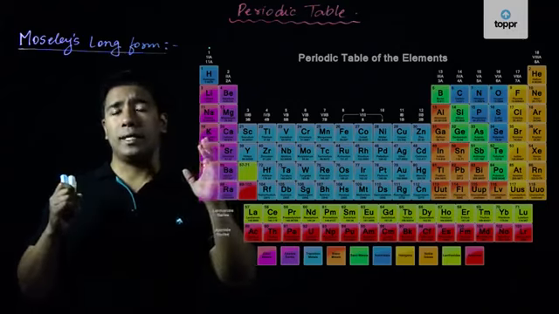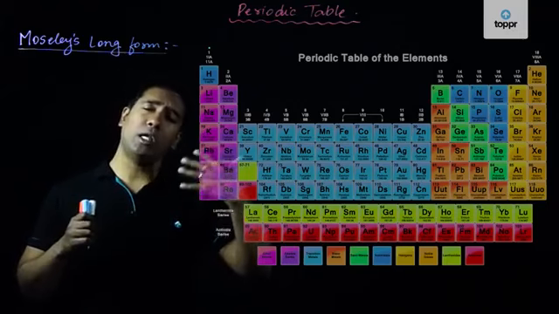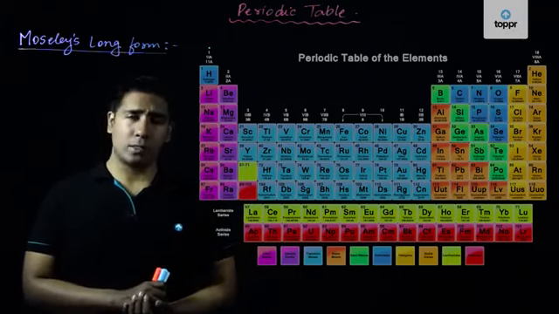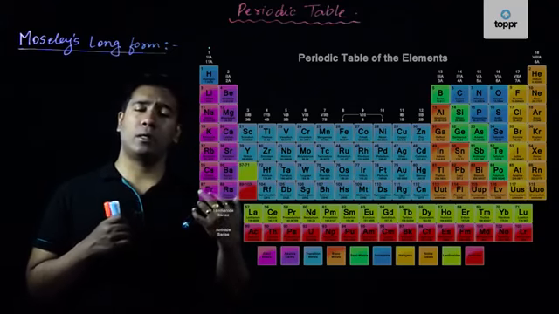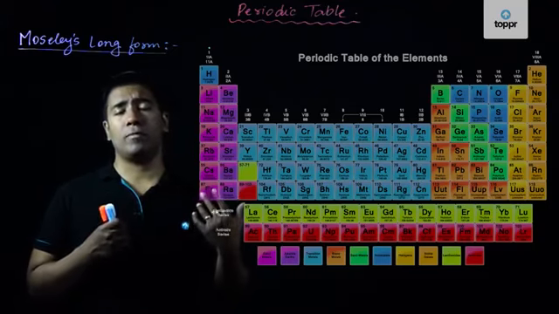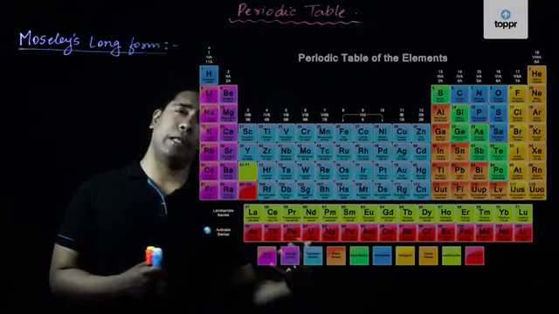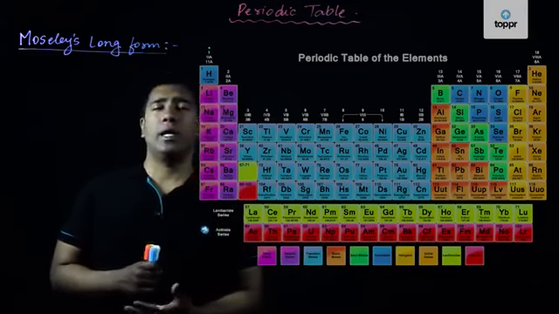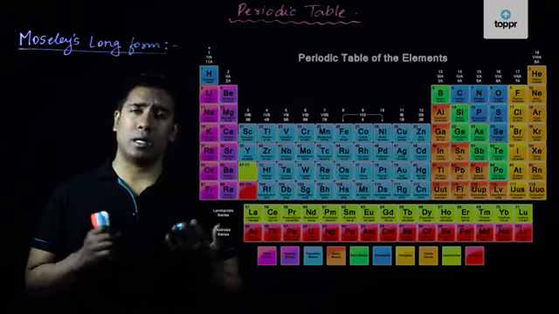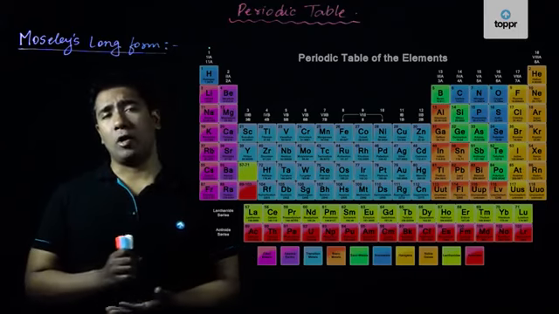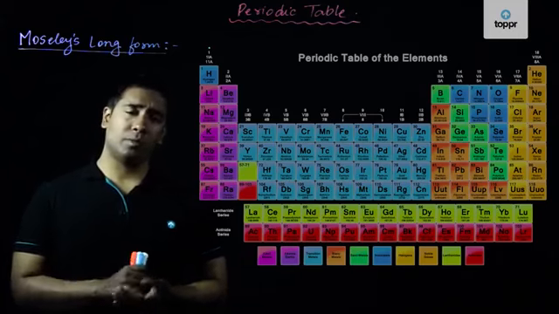In the case of Moseley, let us first look at how he discovered the periodic table. Because of the availability of a large number of elements, he was helped in better understanding the correlation between the classification of elements and their periodic physical and chemical properties.